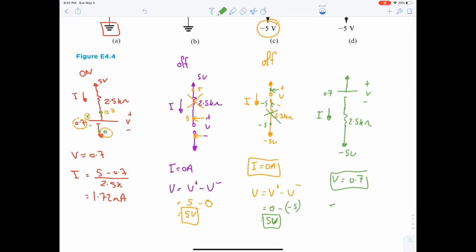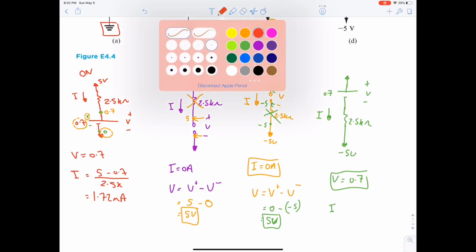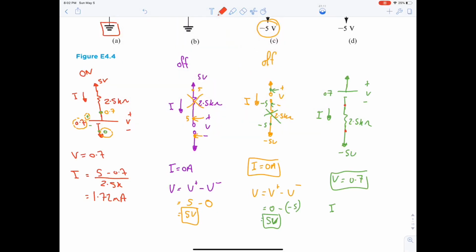I is equal to this point minus this point over the resistance. So what is this point? Here it's 0, right? 0 minus, the sign further from you is minus 0.7, so this point is minus 0.7.